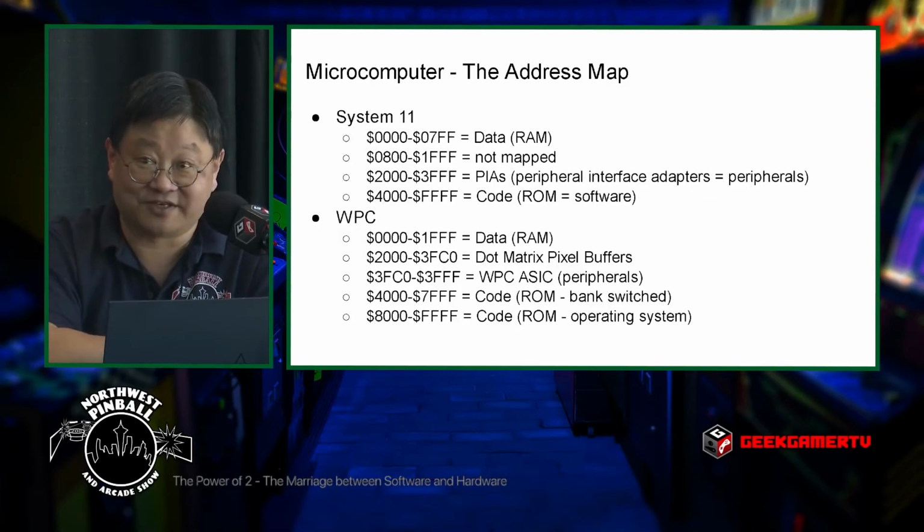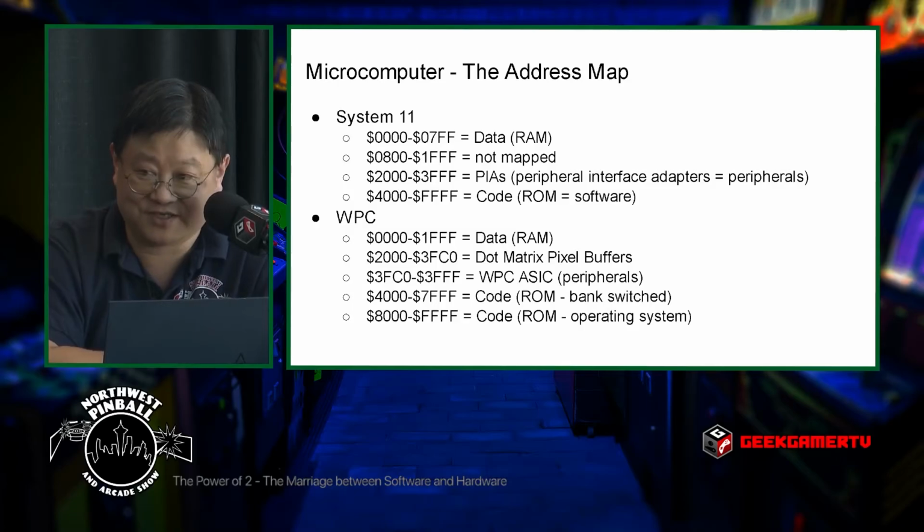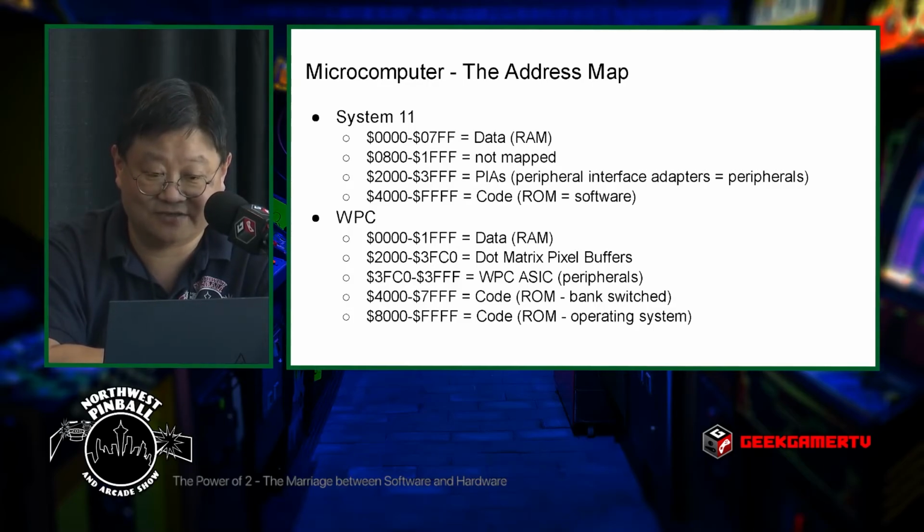So this is the address map. It's in hexadecimal, because there are 16 bits and I'm not going to write out binary for 16 bits. This is how it works. System 11 has a 6116, which is a 16 kilobit RAM, which turns out to be hex 800, 2048 bytes, if I remember correctly.